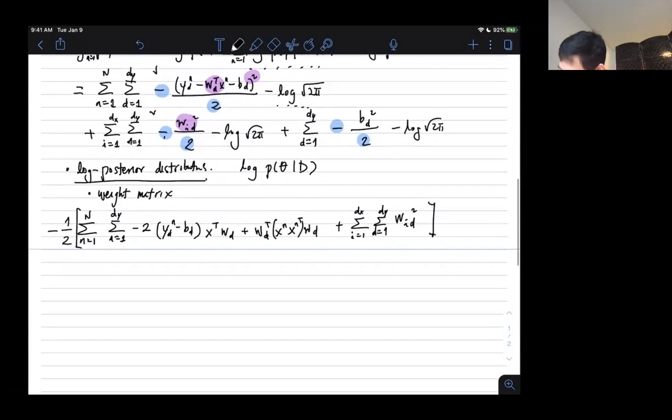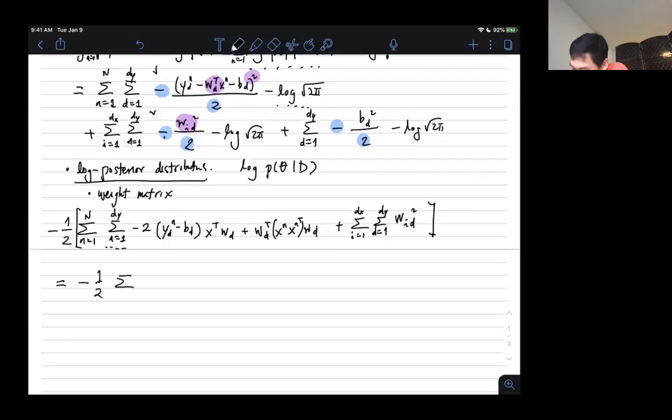Now, the interesting thing is that I can rewrite this part simply in terms of w. Let's write it down more carefully. If I rewrite the whole thing, what I would end up with is minus 1 over 2. And then I can take these summations to the outside.